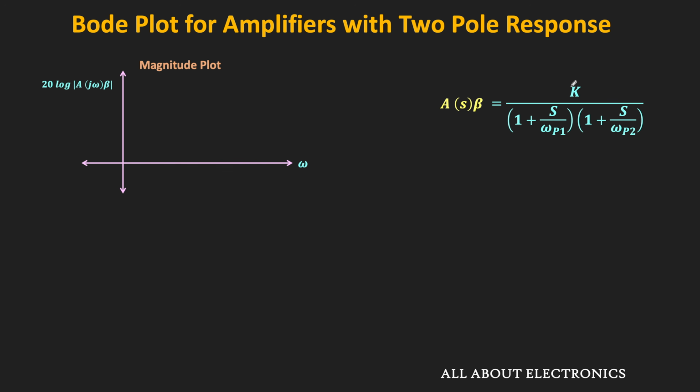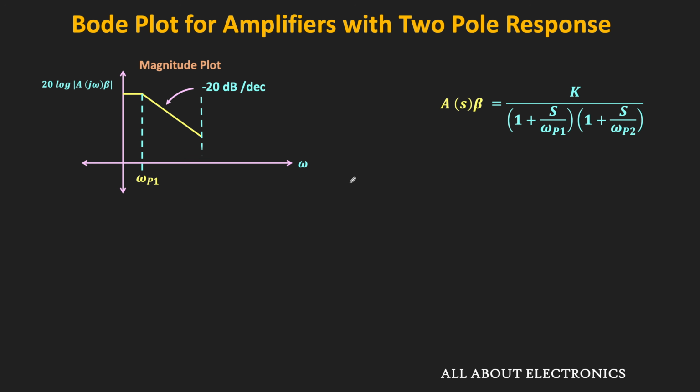Here, due to this constant k, initially we will have a fixed amplitude that is equal to 20 log k. Up to this frequency omega p1, this amplitude will remain the same. After that, since we are encountering the first pole, the amplitude will start reducing at the rate of 20 dB per decade. That means this slope will be equal to minus 20 dB per decade.